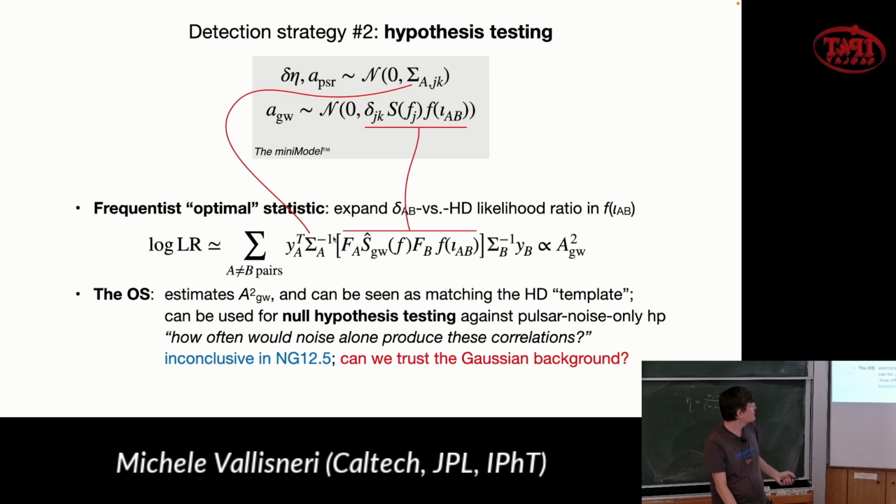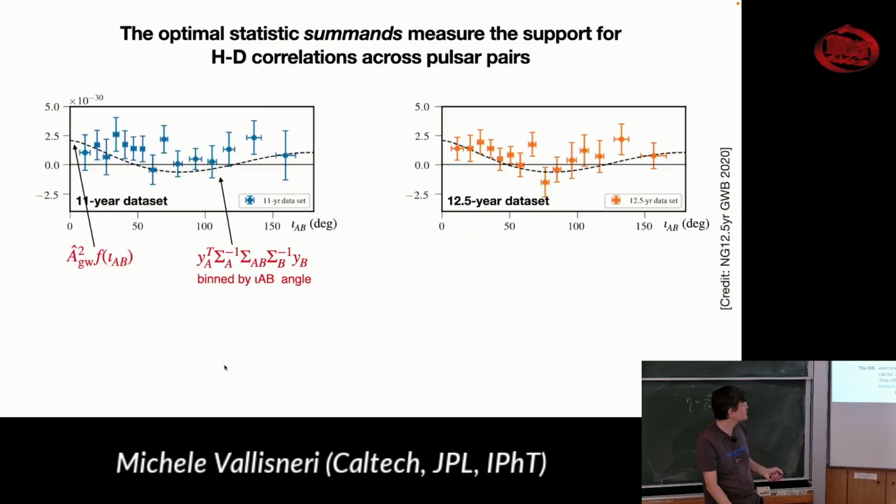This is quite different from the Bayes factor detection. It's more similar to LIGO in a way, more classical. You're comparing two hypotheses. For the moment that is also inconclusive in NANOGrav, but it will be the thing that tells you this is a 3 sigma, 4 sigma, or 5 sigma detection.